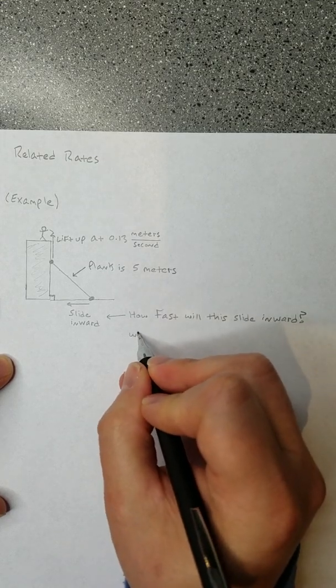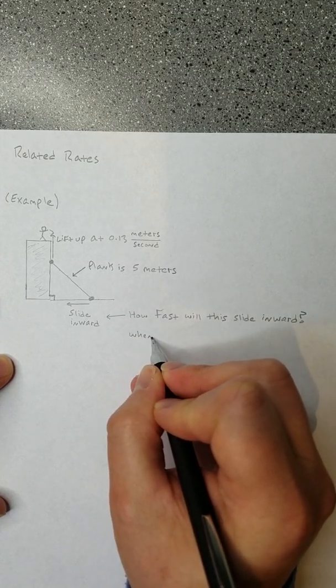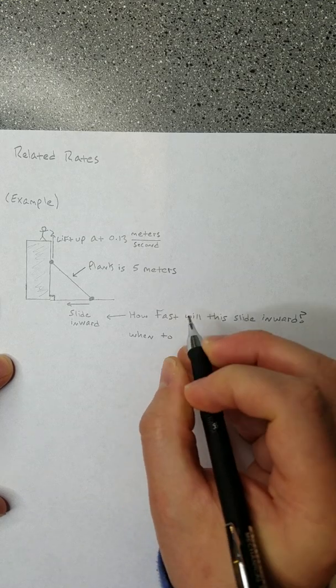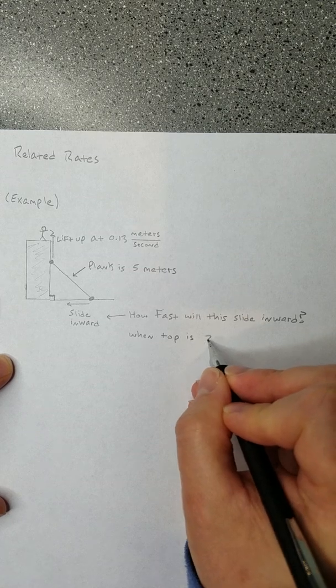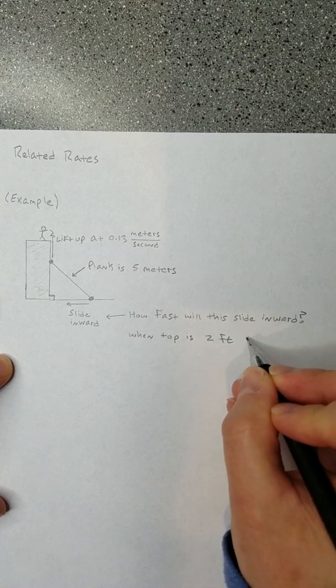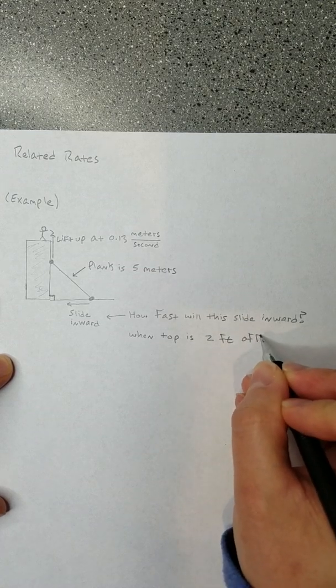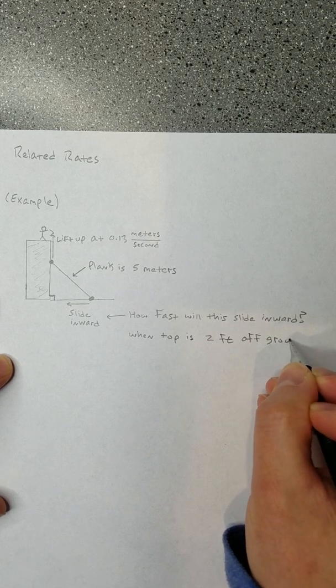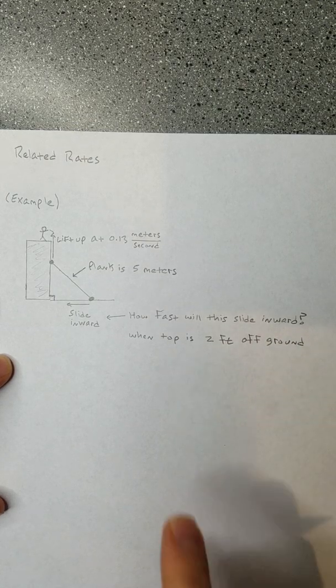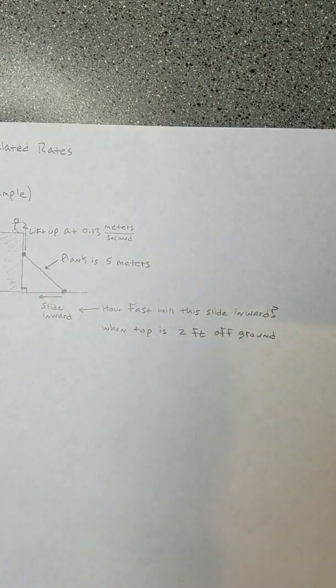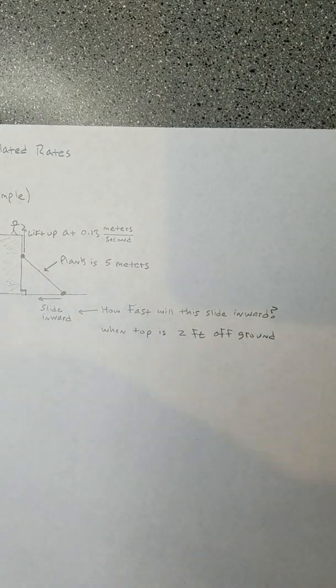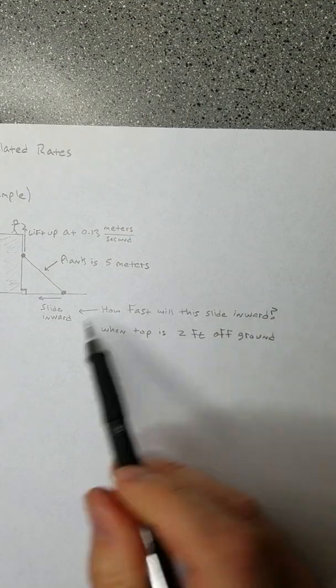When the top part is 2 feet off the ground. All right, how fast will that part be sliding inward when the top part of it is 2 feet off the ground? So there's my scenario, and my question is right here.